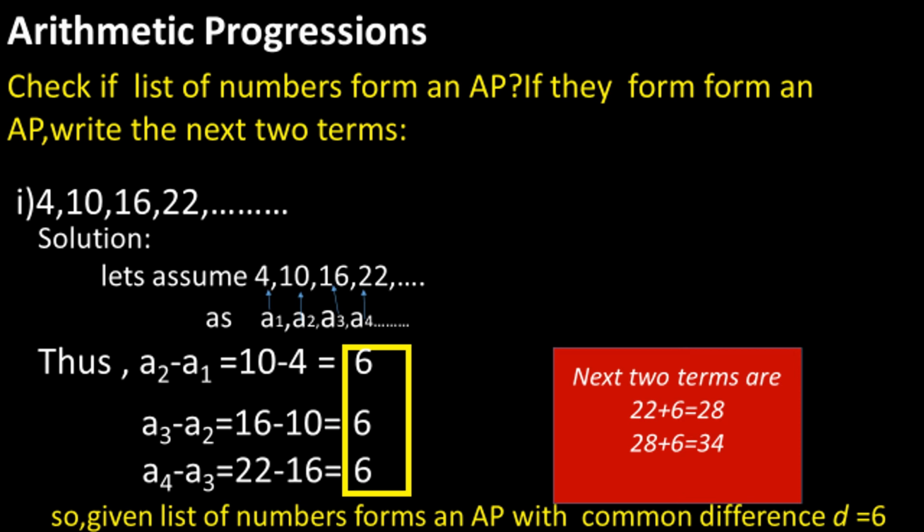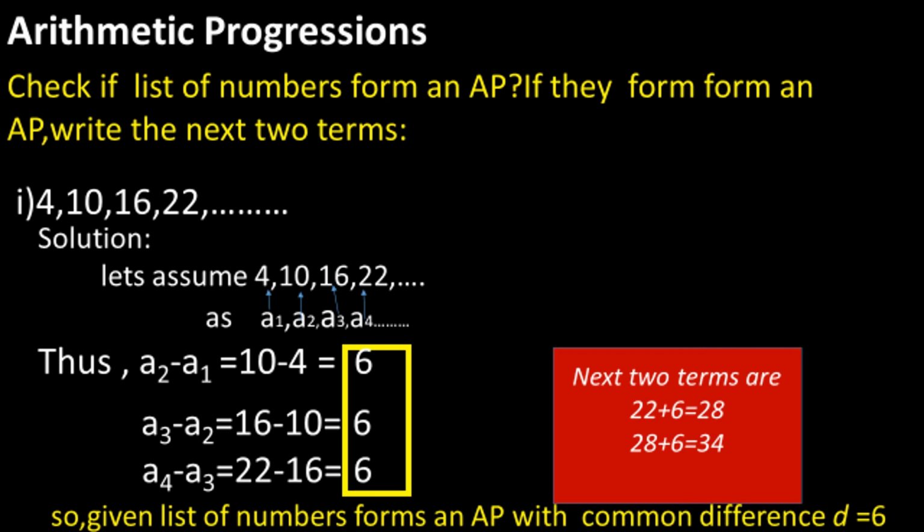The next terms are 22 plus 6, where 6 is the fixed number, and we get 28. For the next term, 28 plus 6 gives 34. So the next two terms are 28 and 34.